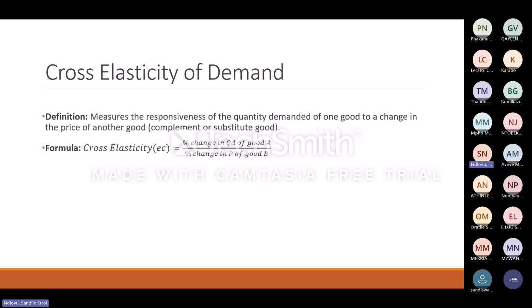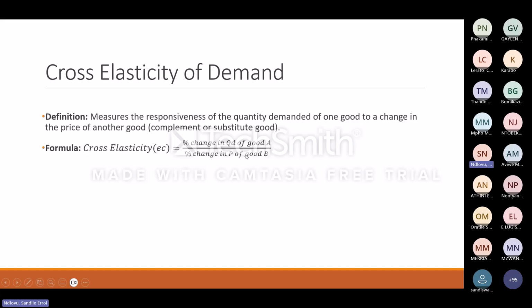If the price of sugar were to increase by 10%, how much coffee will be demanded? By how much will the demand for coffee change as a result of the price increase of sugar?